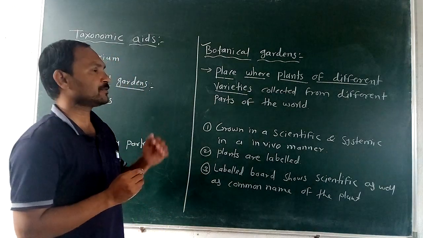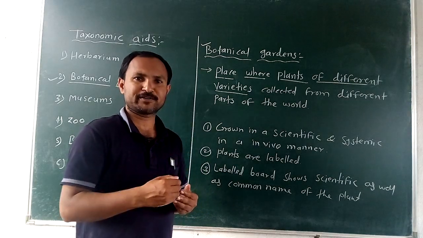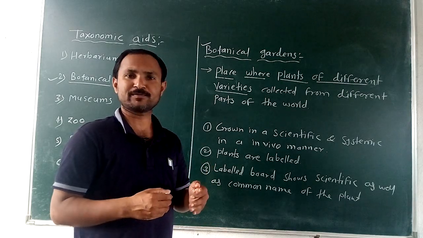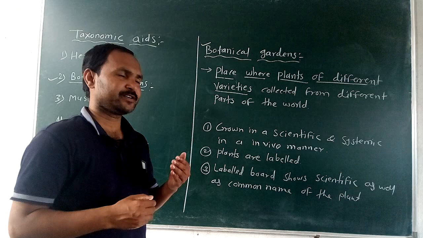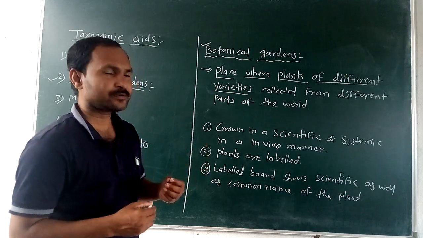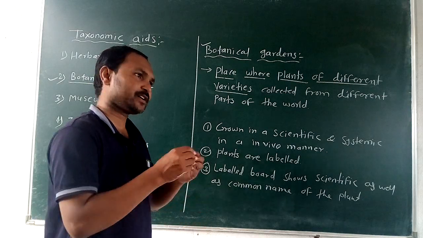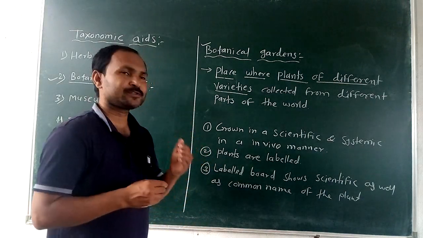That is called the botanical garden. Suppose we bring one of the plants from the country Japan and that grows in our India. That makes the botanical garden. Suppose from any foreign countries, we can bring the plants and grow them in our country to make the botanical garden. Then what is the purpose of this botanical garden?